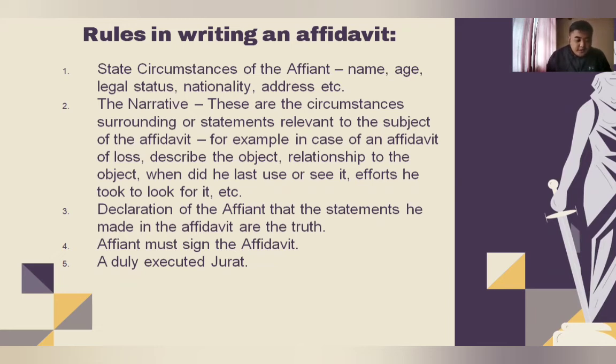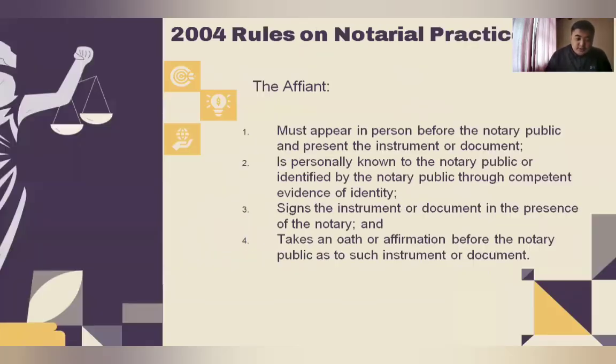And then we have the last two, which are also necessary: that the affiant must sign the affidavit, and that there is a duly executed jurat. These two requirements are to be made in accordance with the 2004 Rules on Notarial Practice, wherein one, the affiant must appear in person before the notary public and present the instrument or document, in this case, an affidavit.